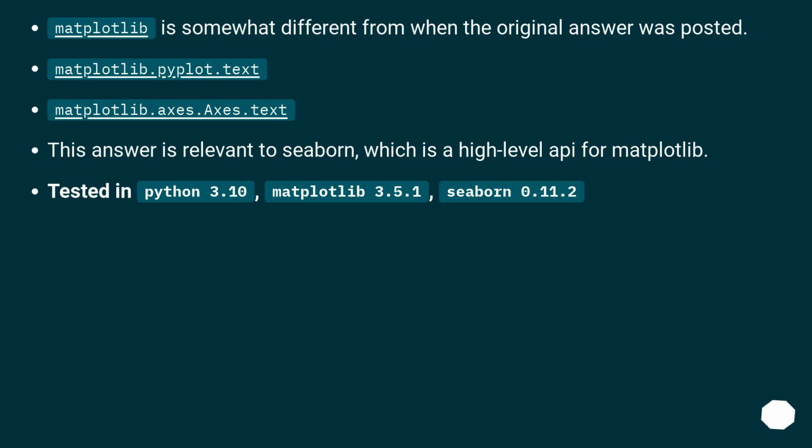Matplotlib is somewhat different from when the original answer was posted. matplotlib.pyplot.text, matplotlib.axes.Axes.text. This answer is relevant to Seaborn, which is a high-level API for Matplotlib, tested in Python 3.10, Matplotlib 3.5.1, Seaborn 0.11.2.